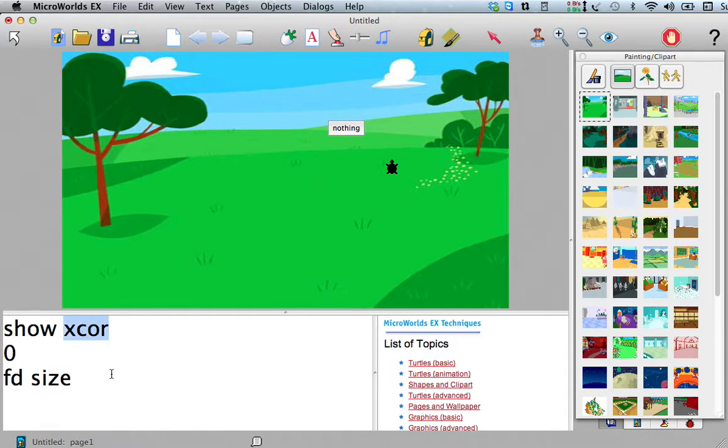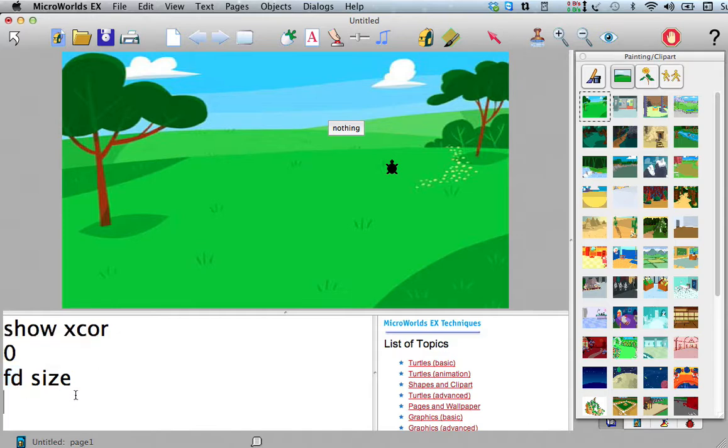Xcore doesn't need any inputs. So these are reporters that can send input to somebody else without needing input themselves. They can output information without needing any inputs. Xcore will output the x coordinate, size will output the size of the turtle. You don't need to tell them anything else. But show does need an input, and forward needs an input.